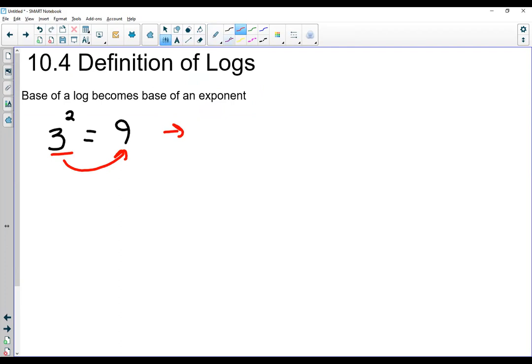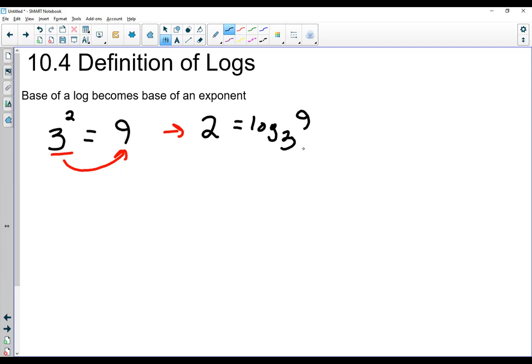So it will become 2 equals log with a little base 3 of 9. The base of 3 moved, oh, this is 3, yeah, you're right. All right, so the base of the exponent becomes the base of a log.